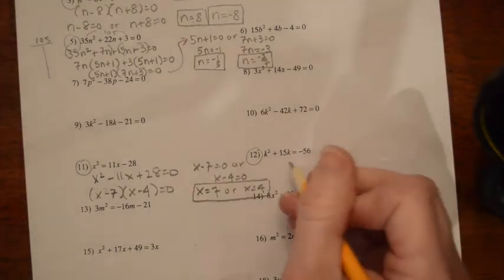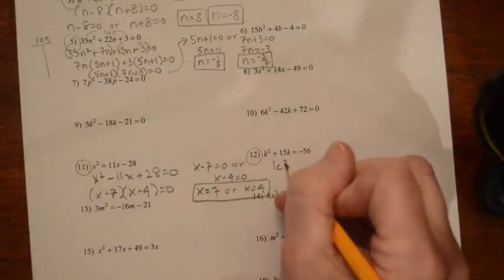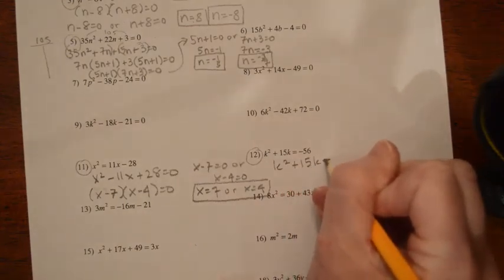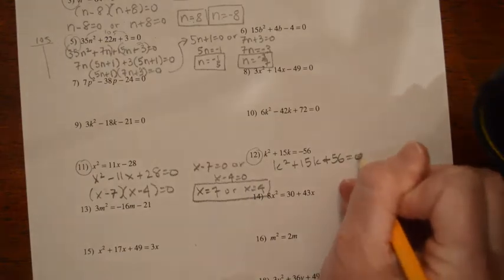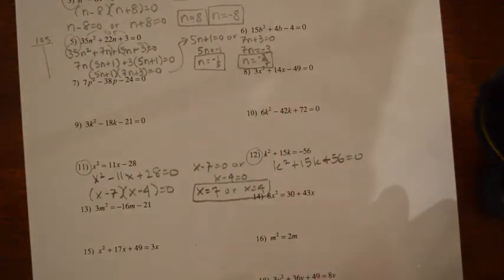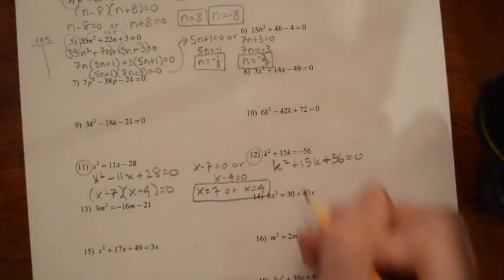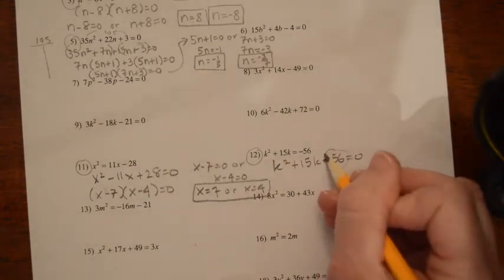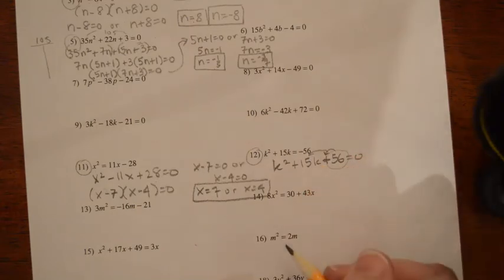Okay, if I move that over, I get k squared plus 15k plus 56 equals 0. All right, I'm looking for 2 things that multiply to 56 that add to 15.